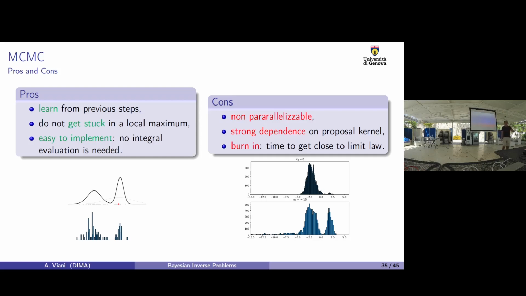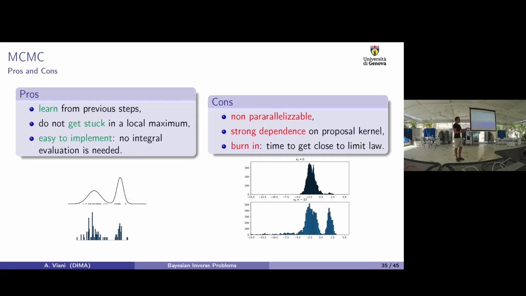It's true that irreducibility allows us to reach every point of the space starting from everywhere, but we use a fixed number of iterations. If, like here, we start too far from the high probability regions for P, we lose a lot of time moving to reach the high probability region for P.